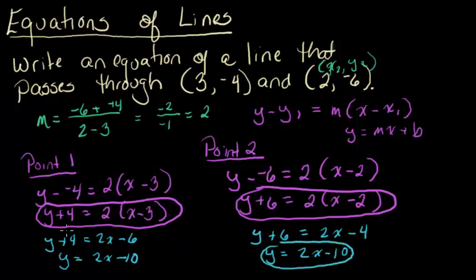Notice that when we convert from point-slope into slope-intercept, we have the exact same answer. Also notice that our slope right here is 2, same as what we found earlier. So this shows that we did our math correctly. We also simplified the y minus -4 to y plus 4, and we substituted everything correctly.